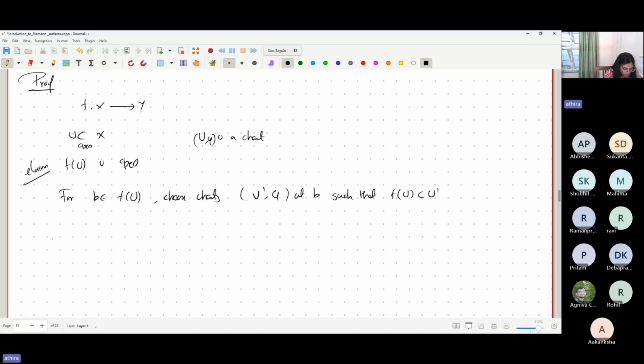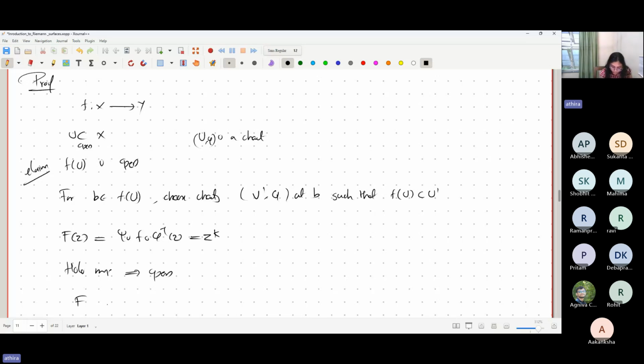Then by the above theorem, third property, the composite map is a polynomial of this type. This is a holomorphic map, and which is open, that means this f is open.